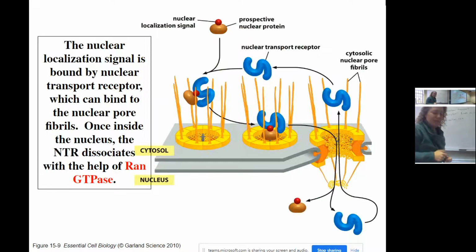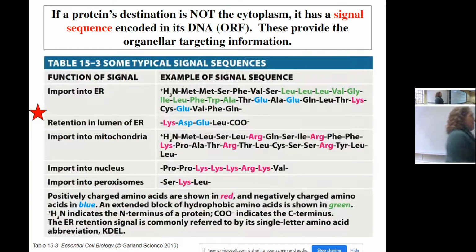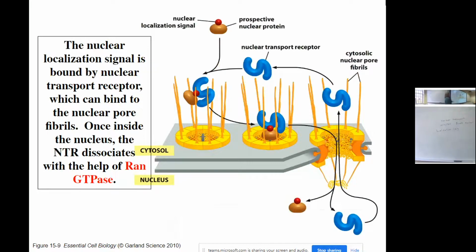It is looking for this particular set of amino acids that fold up into a little bumpy shape that sticks out of a protein. That's the binding partner of nuclear transport receptor. So these two bind each other well.